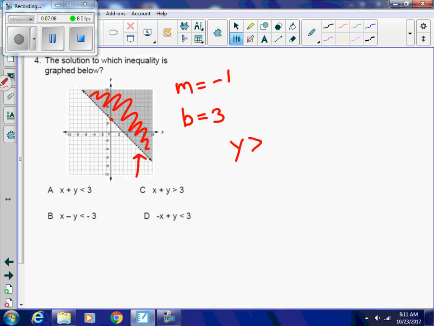And we have mx plus b, so that's negative x plus 3, or negative 1x, if you will. And then we can, of course, change that into standard form, like all the answers are. To change it to standard form, we just add x to both sides to get, I'll write x first, x plus y is greater than 3, which matches answer C.